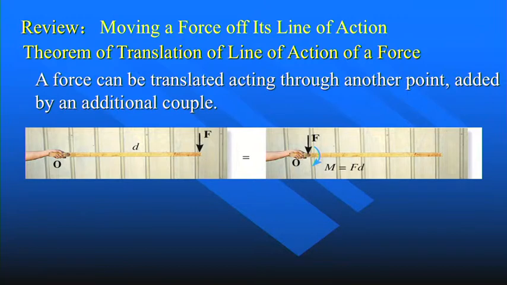Now we translate the force to act at the point O. We must add an additional couple with the moment m equals Fd, which is just the moment of the force at the original place about O.